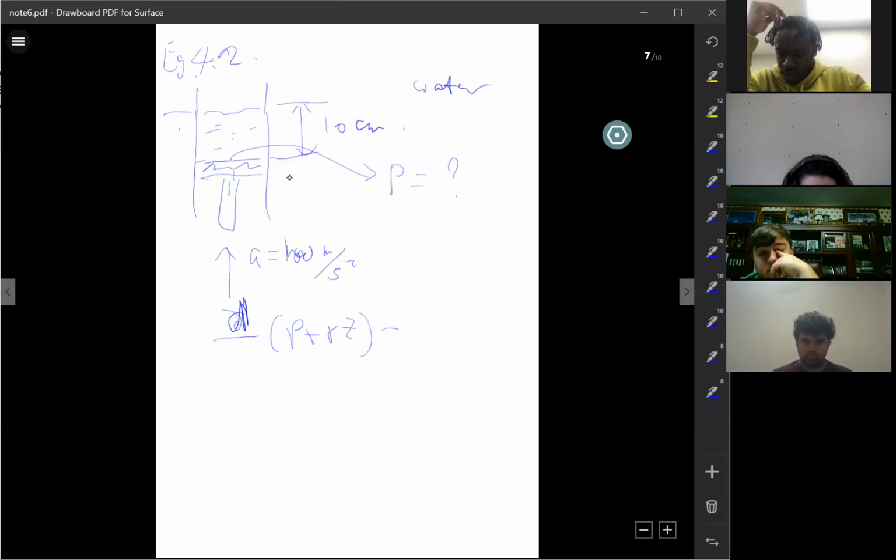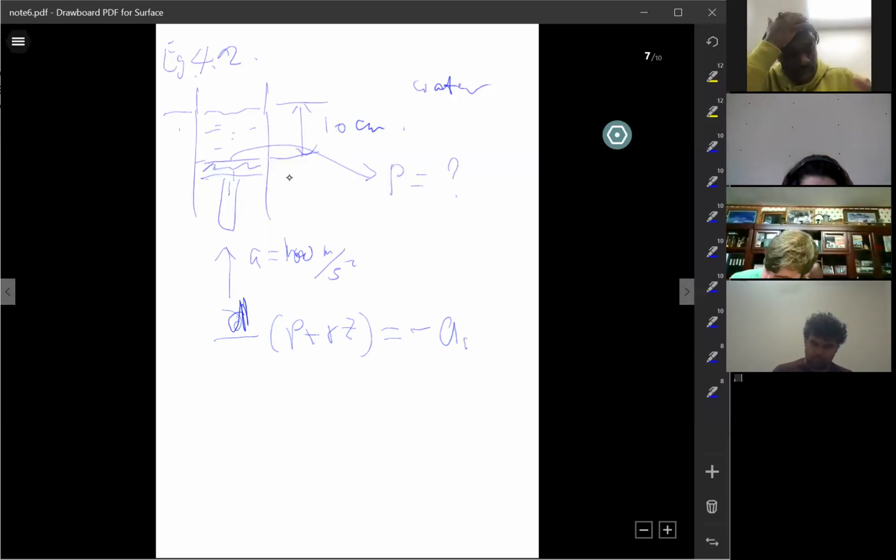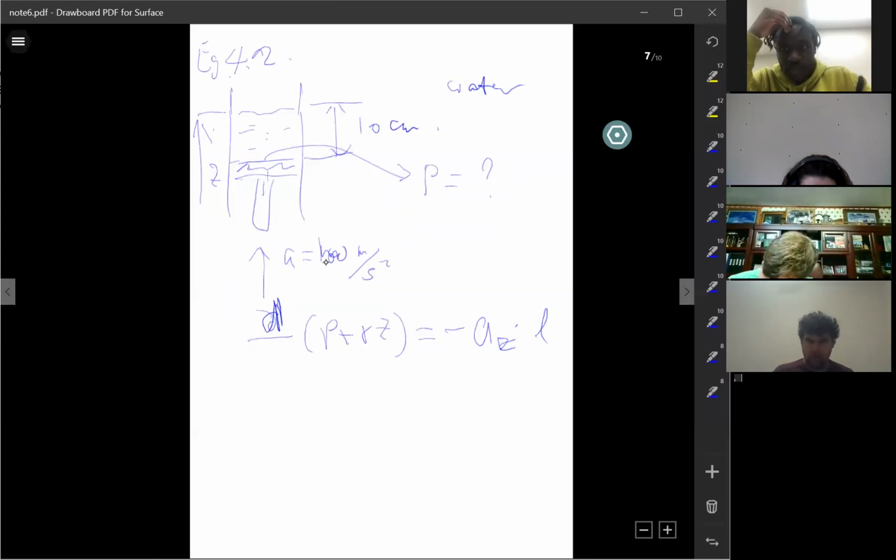It doesn't matter, write it down first. Negative a. What is the direction you want here? Z, the vertical direction, right? So it's a_z times, no, I'm sorry, it's not a_z times L, it's times mass, density rho.